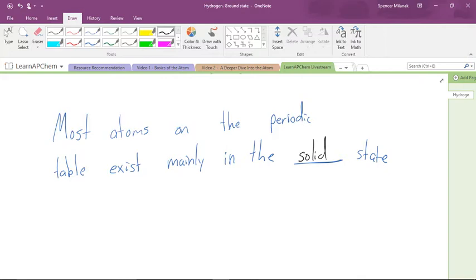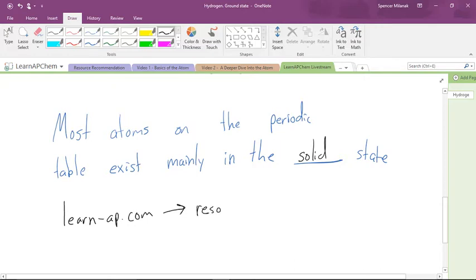Do you know any good online resource that has good AP Chem multiple choice questions? Okay, that's a good question. The first thing, obviously, go to our website, go to the resources tab. That's going to give you some good stuff.